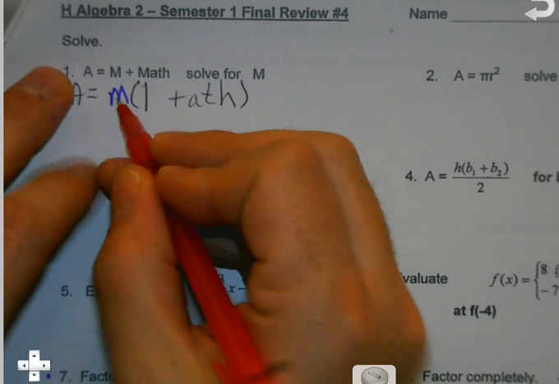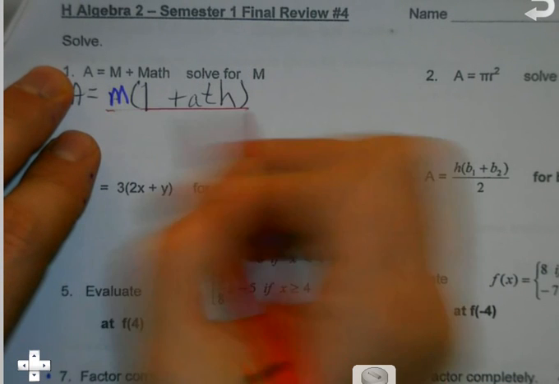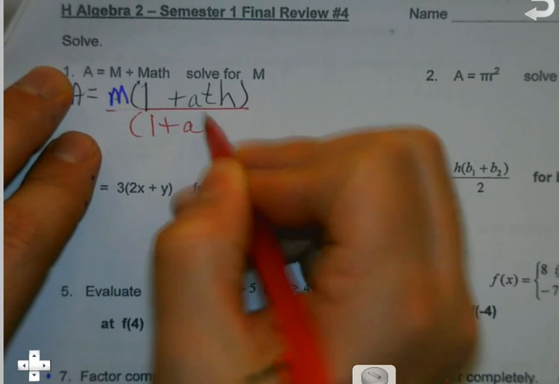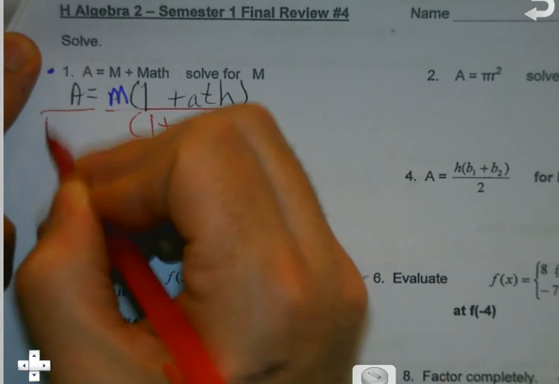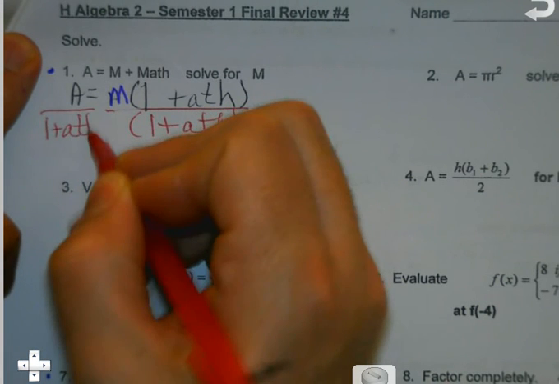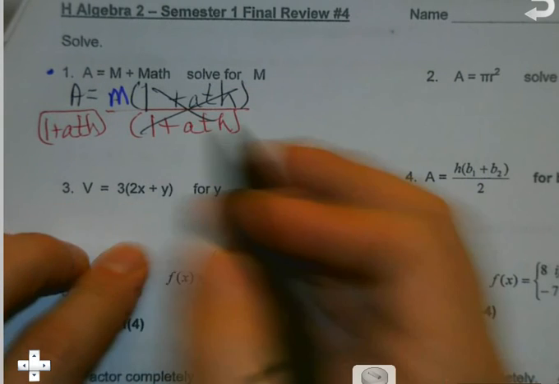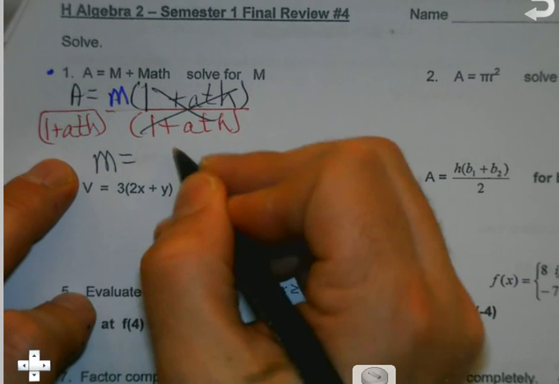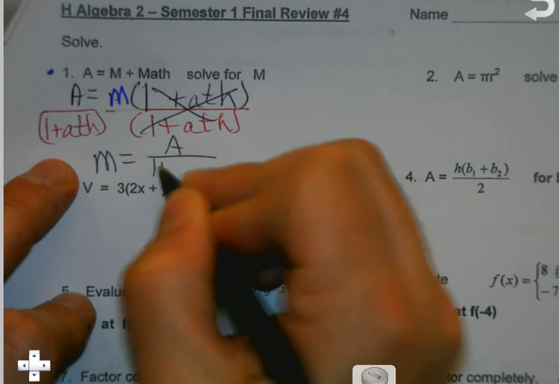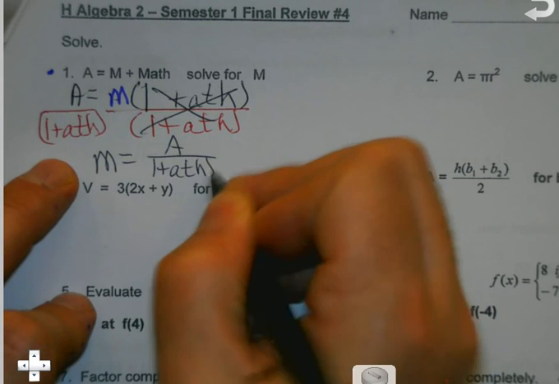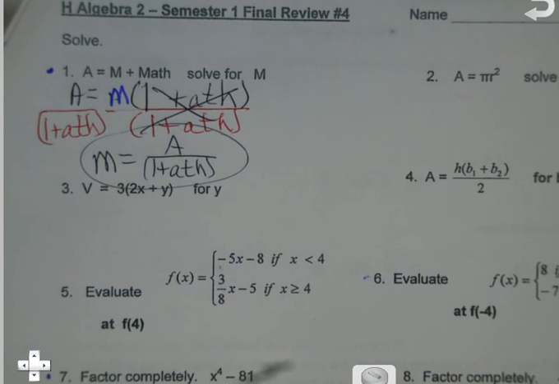Because I'm multiplying m by all this stuff, I just divide by all of this stuff, which cancels all that out. Gets me a really weird looking answer. But it's the answer. Okay? So look for common terms. Look for ways to just keep chipping away until you can get to the value that you're looking for.